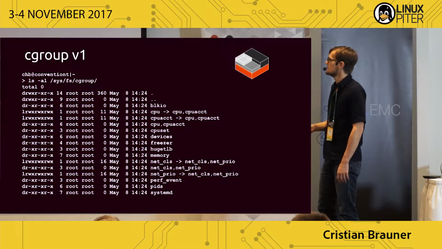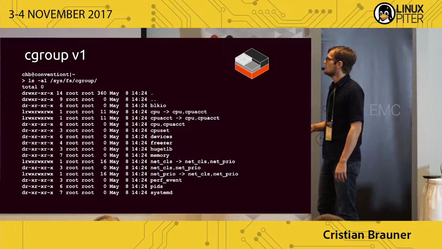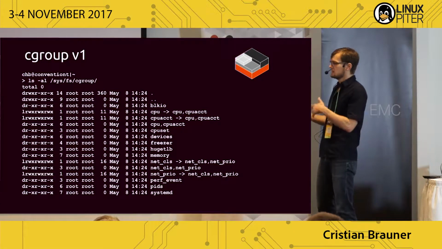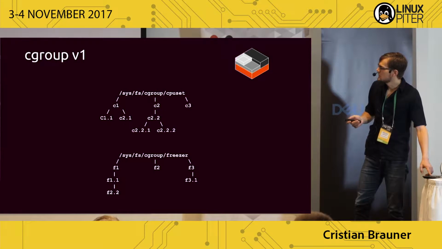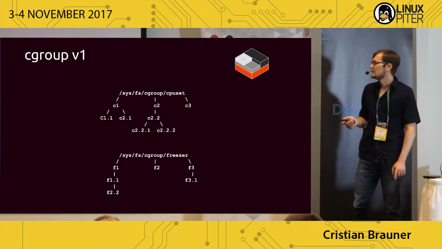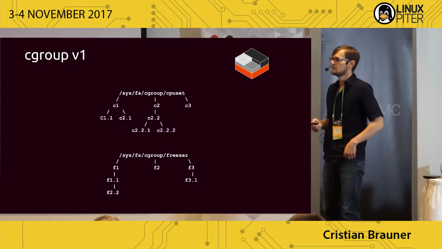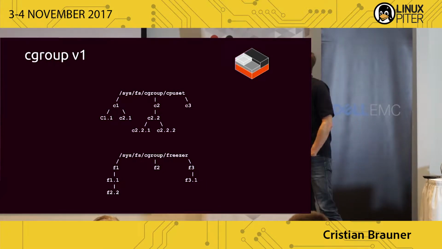That's obviously a lot of complexity, right? That's the standard layout, meaning some of those controllers are mounted into a single hierarchy, like, for example, CPU and CPU accounting, and then you have a symlink from the individual controllers to this combined mount point. But it allows for a lot of flexibility.